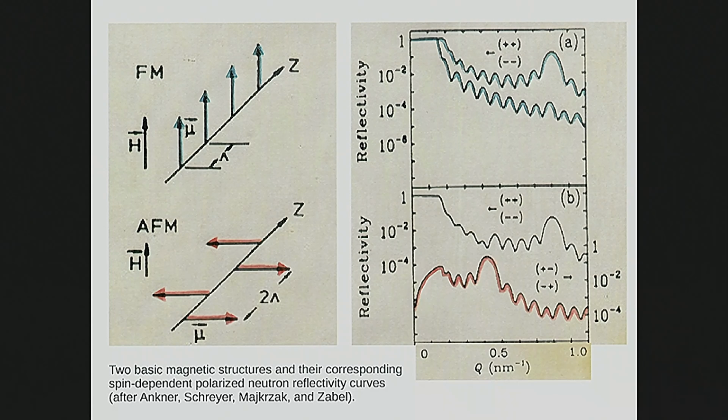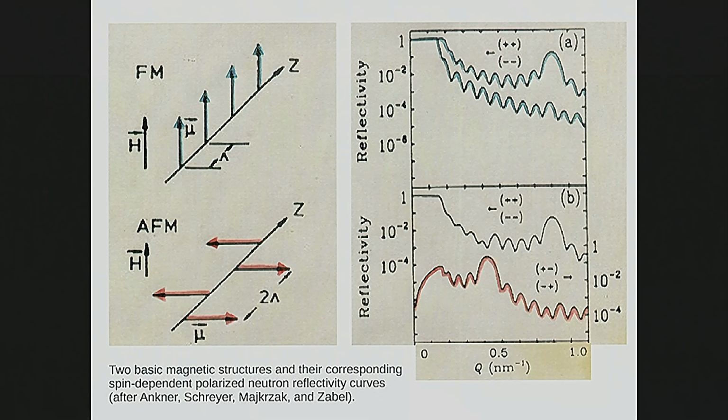So here are just some quick examples. Here's a ferromagnetic system. Everything's pointing up perpendicular to the z-axis along this applied magnetic field. And you see that you get scattering if it turns out that the nuclear and magnetic scattering amplitudes just happen to be very close to one another.